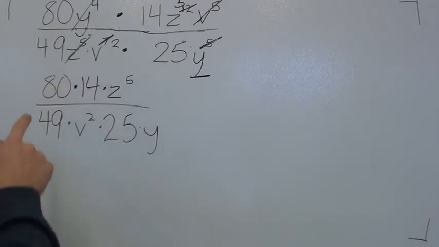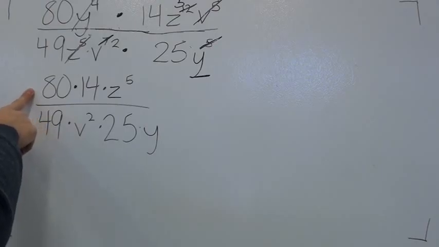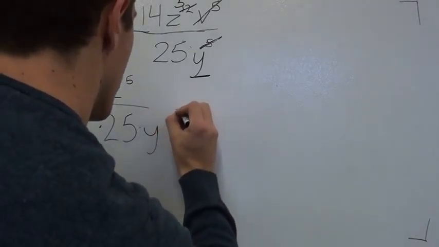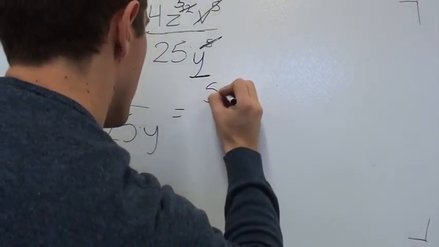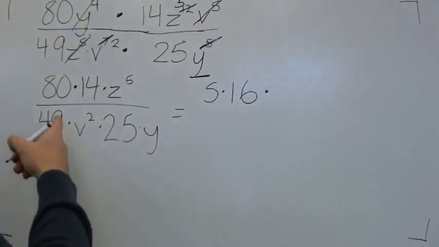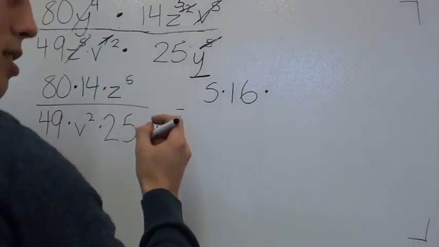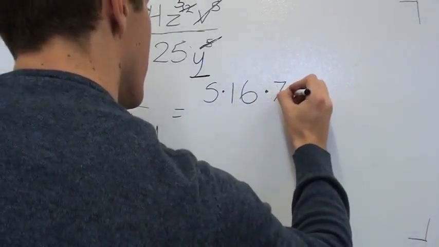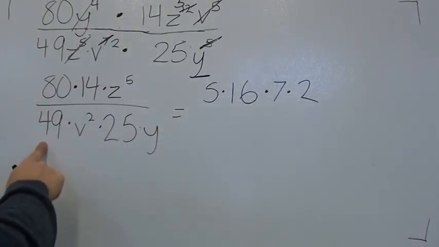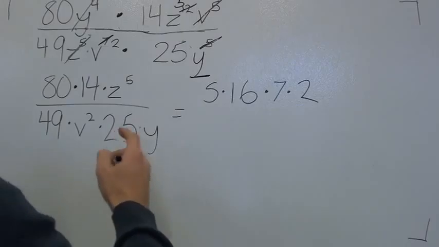For example, 80, let's see, 5 times 16. All right, 14 I'm going to write as 7 times 2, because this also has a factor of 7 and this also has a factor of 5.